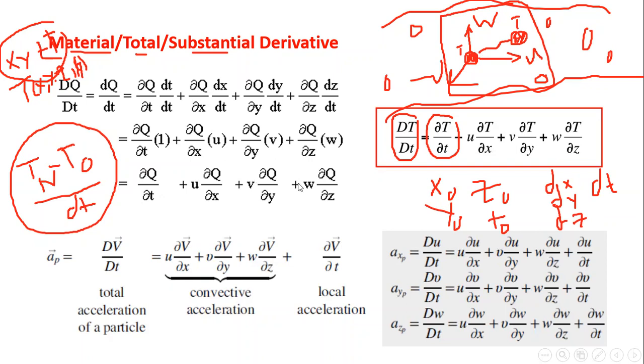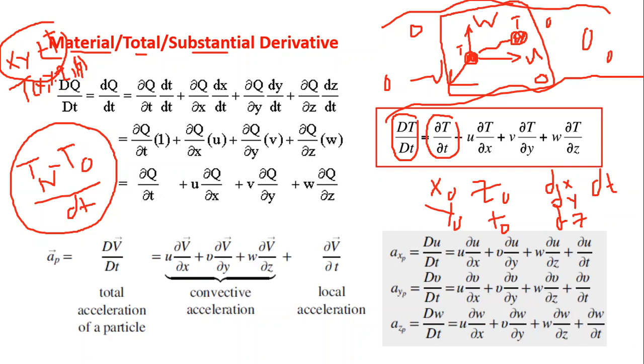The same concept could be applied to the velocity. If I want to find the total change of the velocity with respect to time, this is called the material derivative of the velocity.